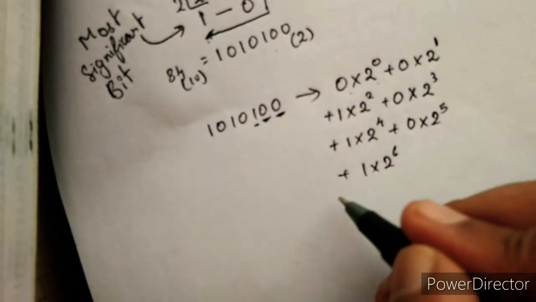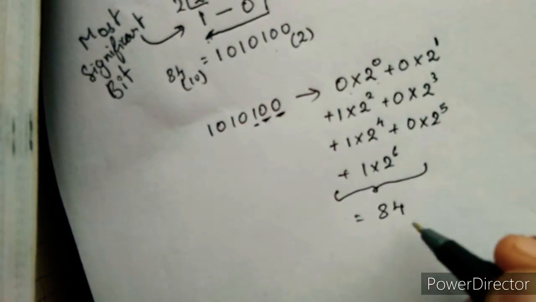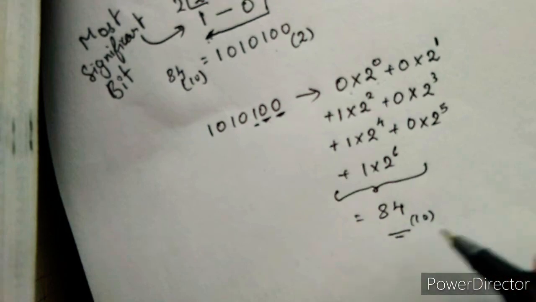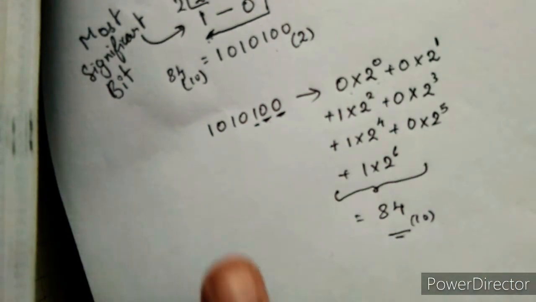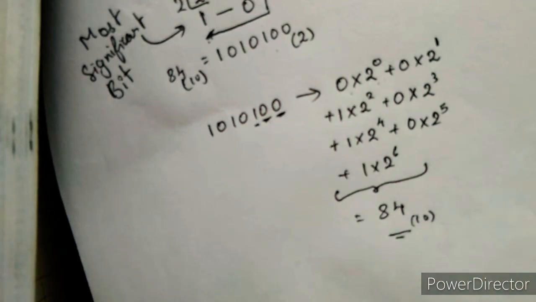Now if you add all these, you'll again get the number 84. This is how you get your decimal to binary conversion.